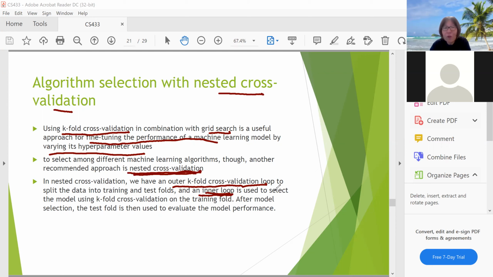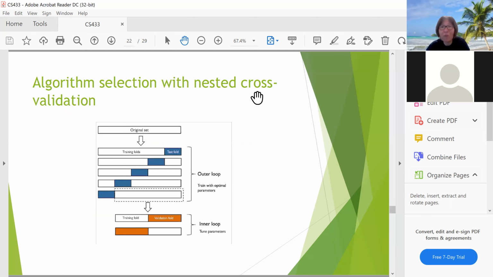That inner loop is going to select the model using k-fold cross-validation on the training fold. After the model selection, the test fold is just used for evaluating the model performance. So that's the general idea about nested cross-validation.